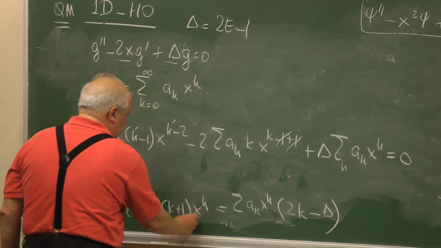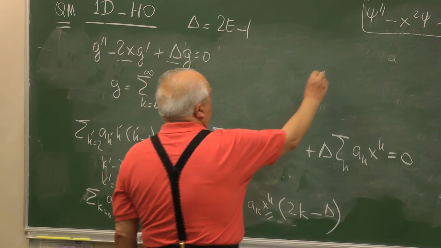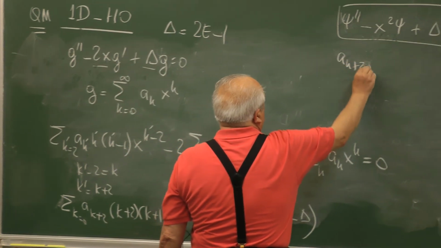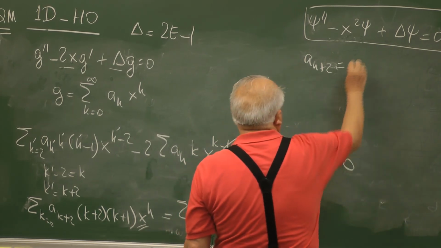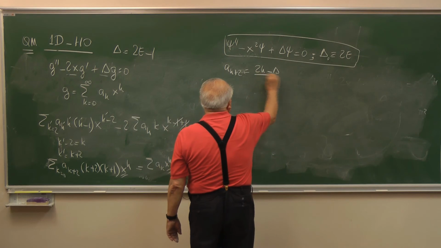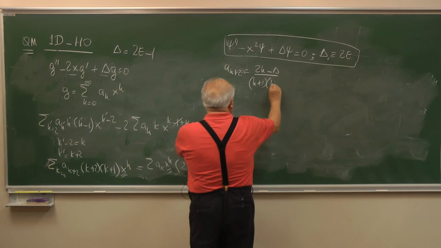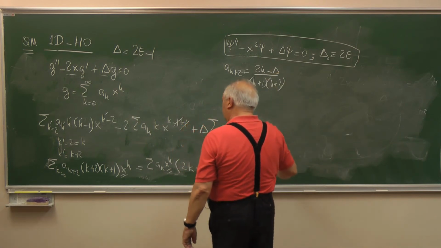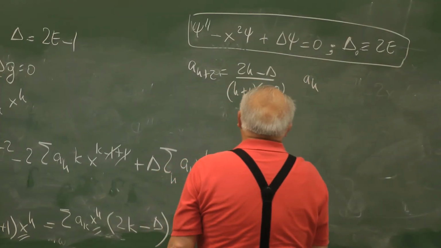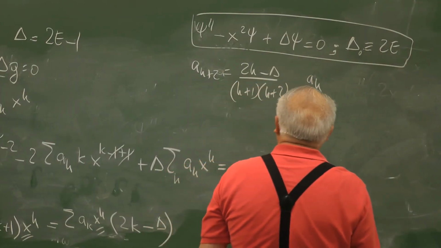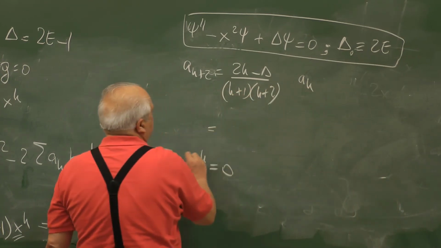So we compare the same powers of x. That means a_(k+2) is equal to (2k minus delta) over (k plus 1)(k plus 2) times a_k. It is advantageous to write it as follows.